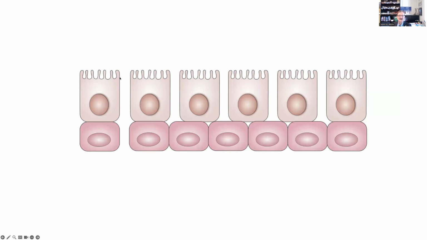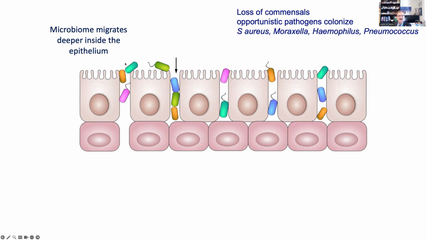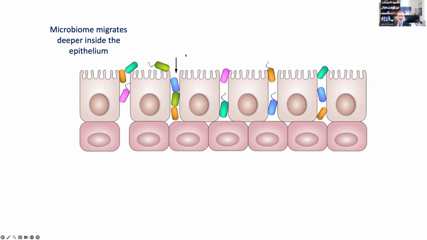And here we can see that the epithelial cells are not touching each other. The microbiome goes in between the epithelial cells. This is the respiratory epithelial cells. And deeper inside the epithelium, after this migration of the microbiome, lots of commensals and opportunistic pathogens colonize, like Staphylococcus, Moraxella, Haemophilus, and Pneumococcus, which are the opportunistic pathogens for the respiratory area.